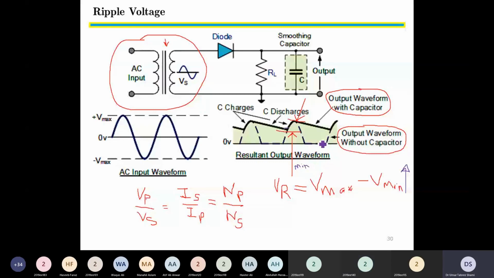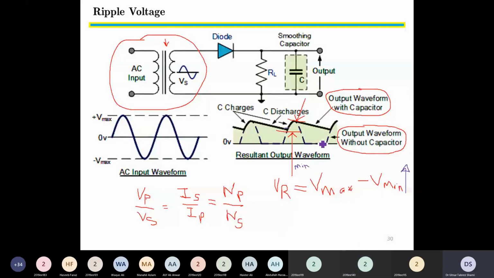So does this mean that our best option is to use infinite capacitance to solve this problem and get an ideal straight line? Answer this. If we look at the trend, without capacitor V minimum is 0 volts, with capacitor C we get some value of V minimum.